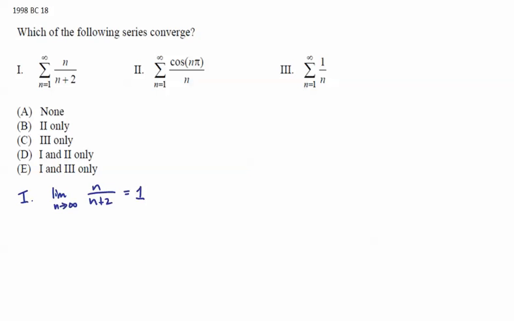That's a limit at infinity. And the degree of the numerator and denominator are the same, the coefficients are the same, so the limit is 1. Now, in order for a series to converge, the basic requirement is that the limit of the nth term as n approaches infinity must be 0. And this is not, so this one diverges by the nth term test.